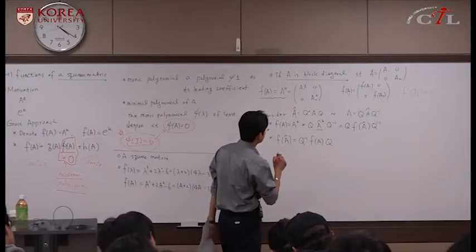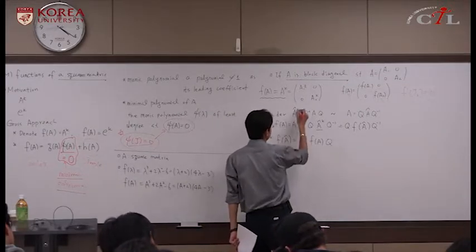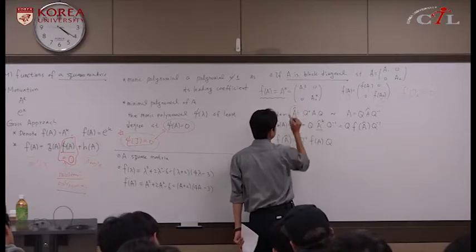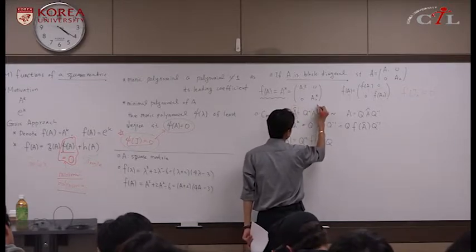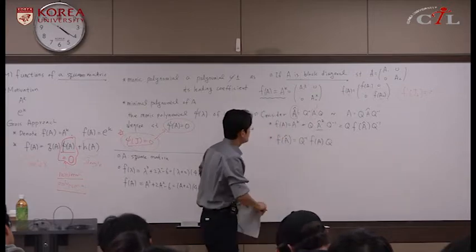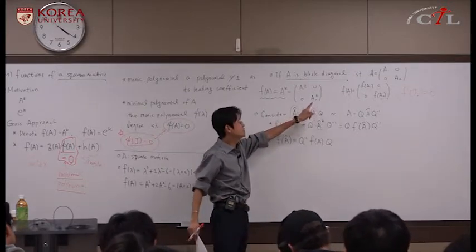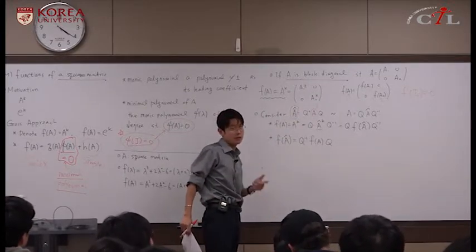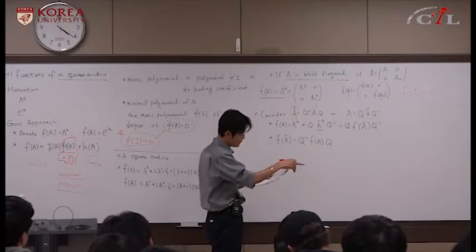Therefore, given an arbitrary matrix, if we say A to be J, an arbitrary matrix can be represented in Jordan form.